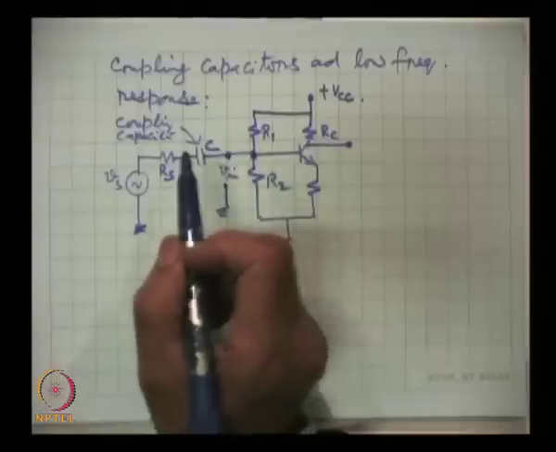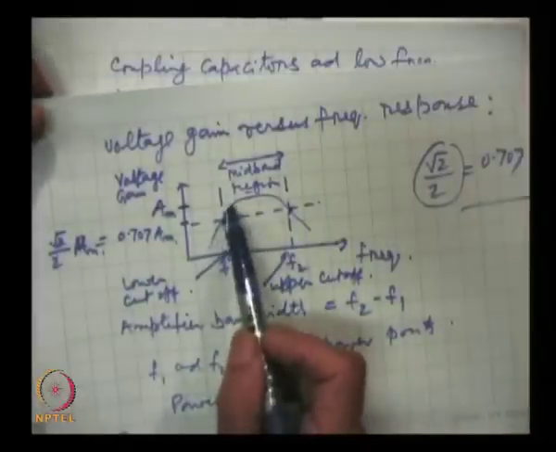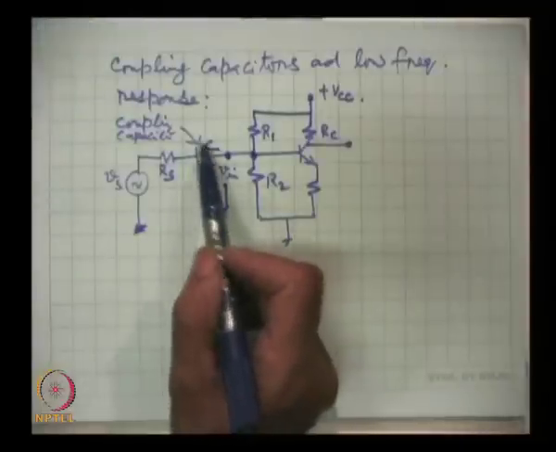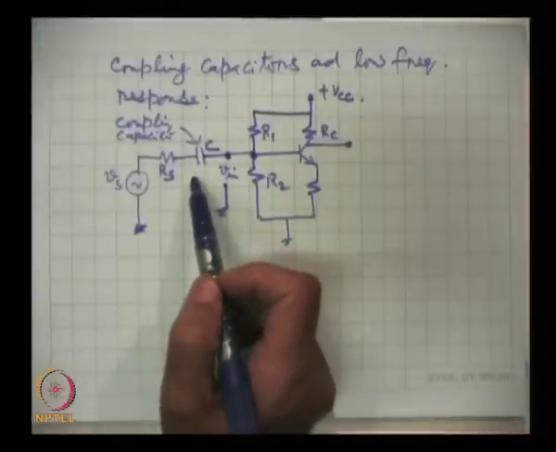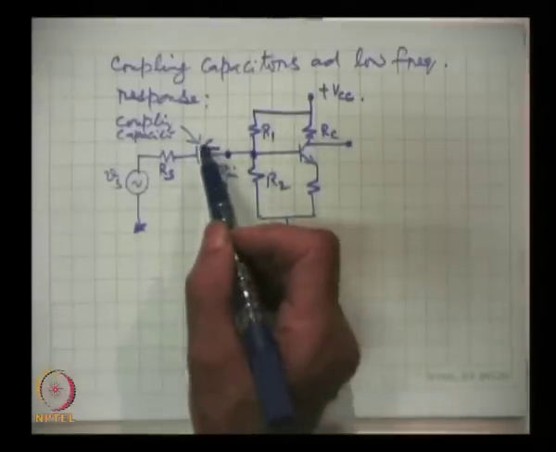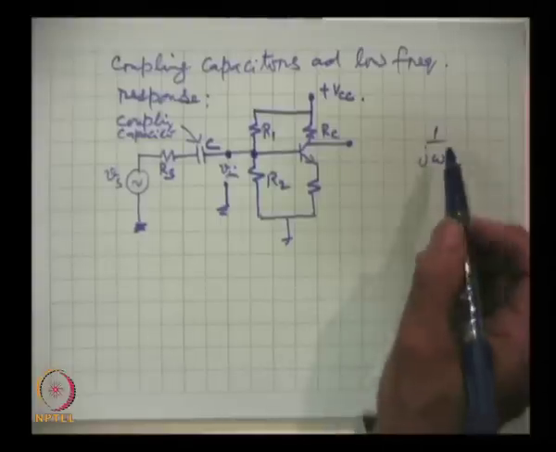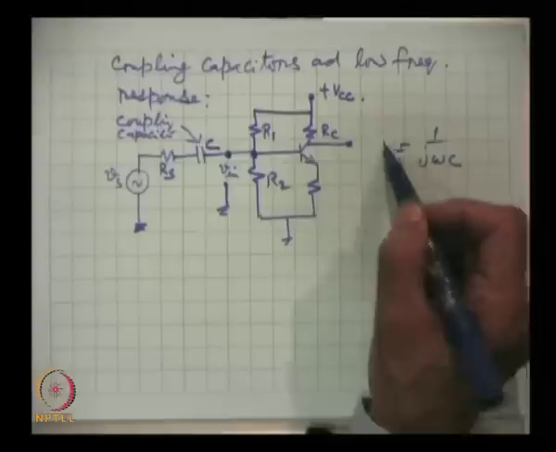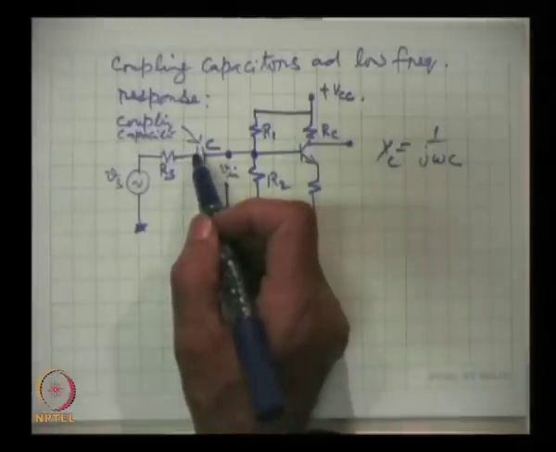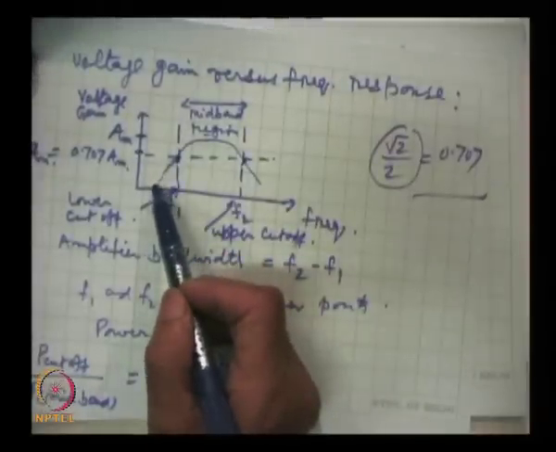Now, when we say that in this frequency region the gain is falling, actually the reactance of this capacitance is significant at those frequencies. The reactance is 1 by j omega C, so the lower the frequency, the higher the reactance, and accordingly the drop increases. That explains why the gain falls.